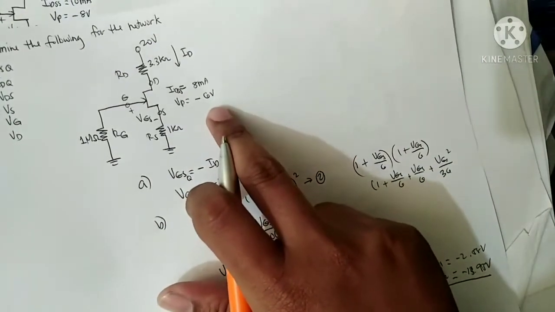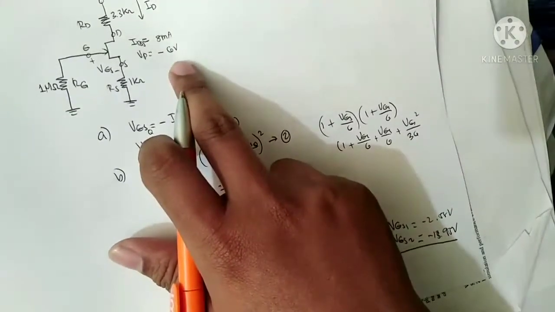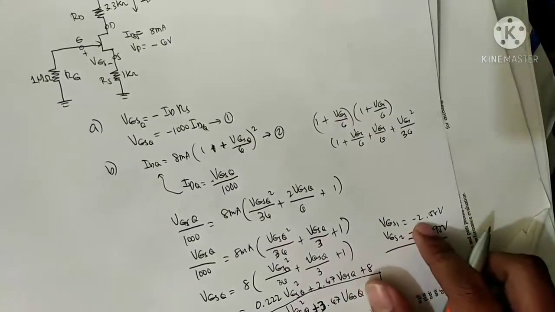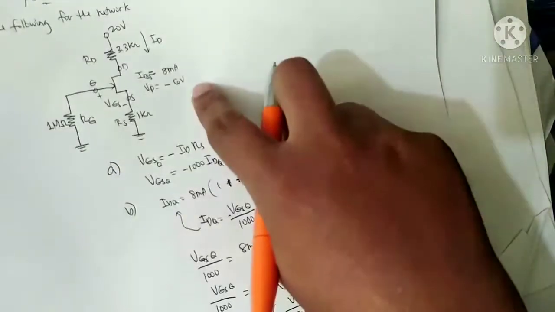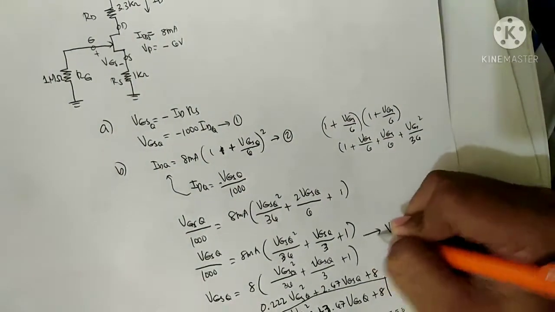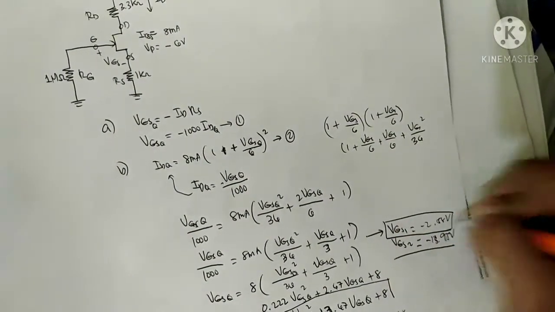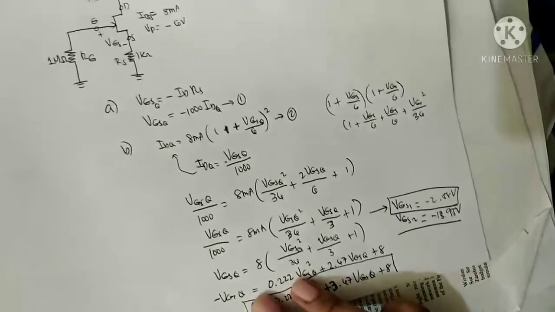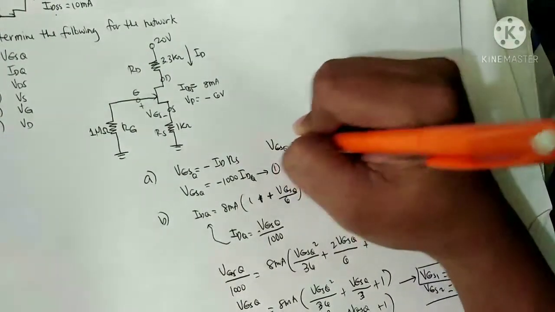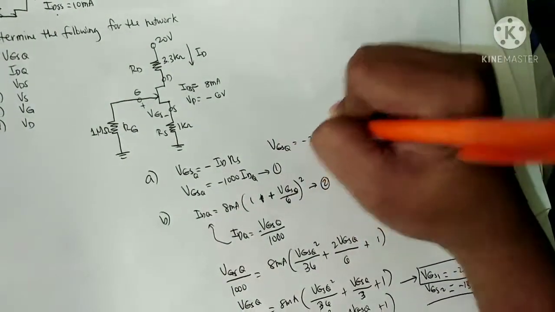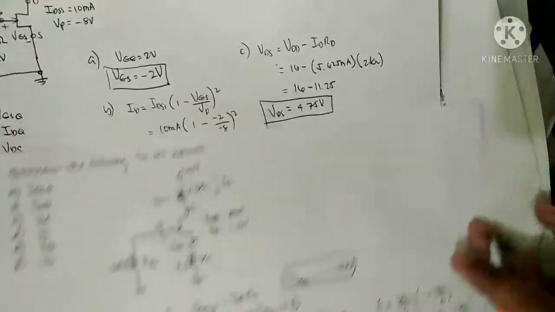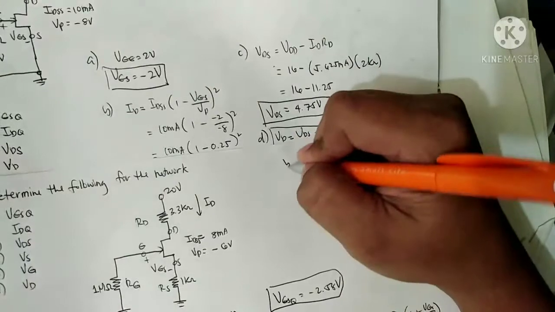So these are the values of VGS: negative 2.58 volts, and the other one is negative 13.95. So we have two values of VGS1. In your solution, in our quizzes and examples and also exams, you're going to show this solution.